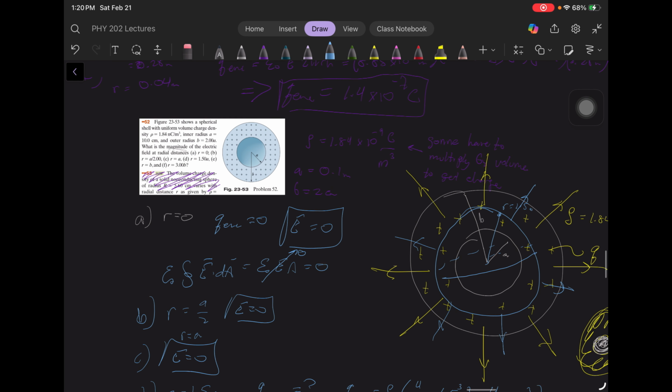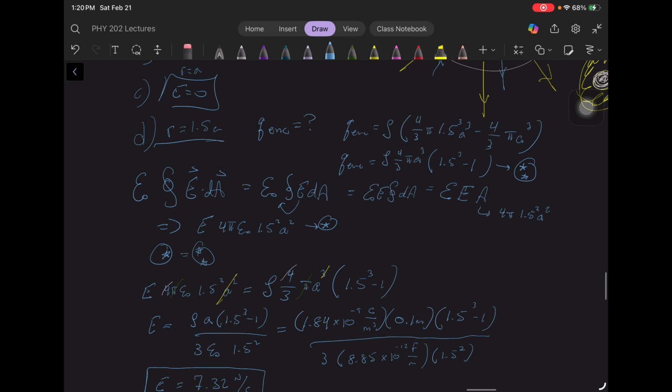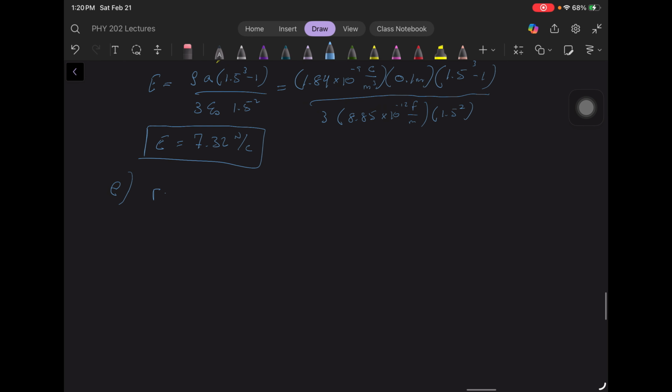Part E is asking us for r equal to b. So let's see the left-hand side. 4 pi b squared, but b is 2a, so that gives us 4a squared.